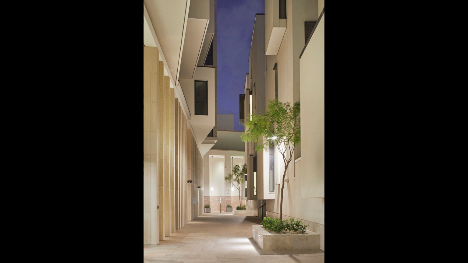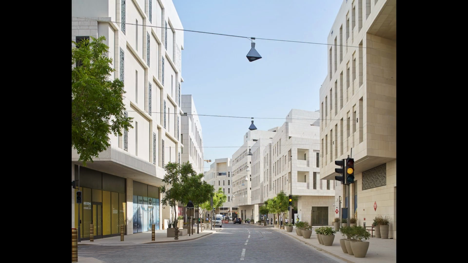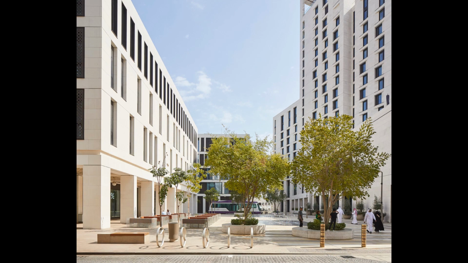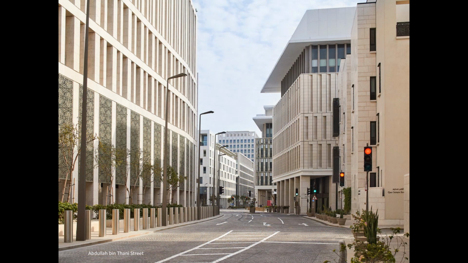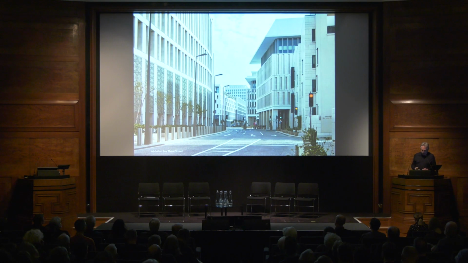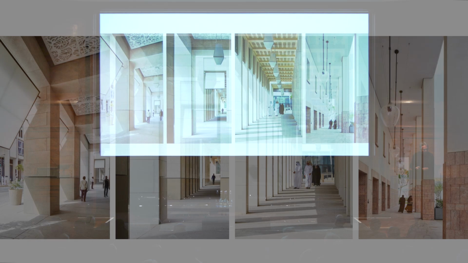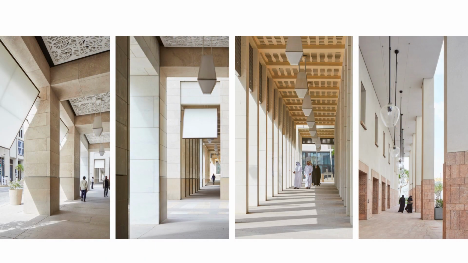In our codes and parameter plans, we specified building heights and defined building lines. We called for clearly expressed tripartite elevations, bottom, middle, and top. We imposed specific wall-to-window ratios, and we stated where vertical rather than horizontal window proportions should be deployed, in what buildings and in what locations. We stated where colonnades were required and where they weren't.